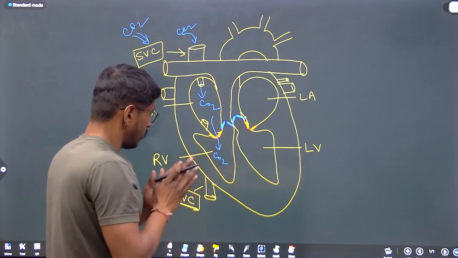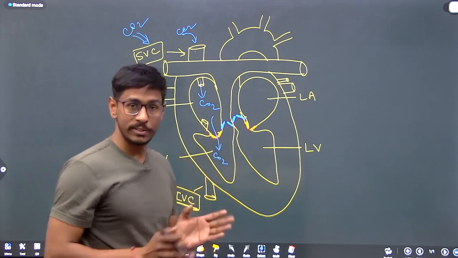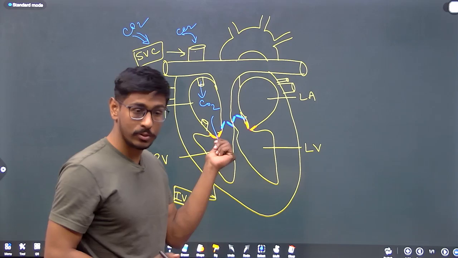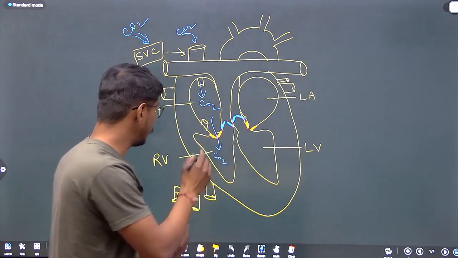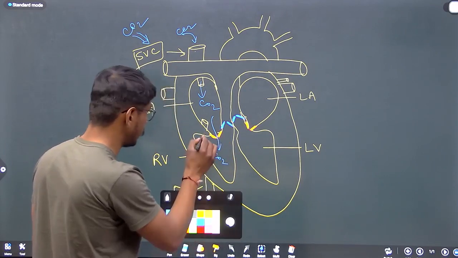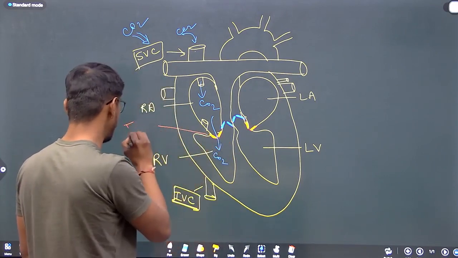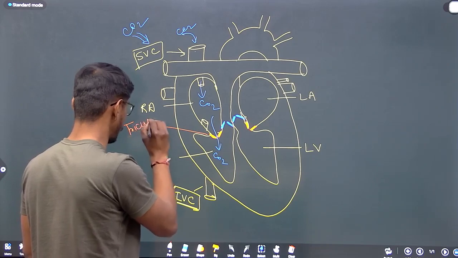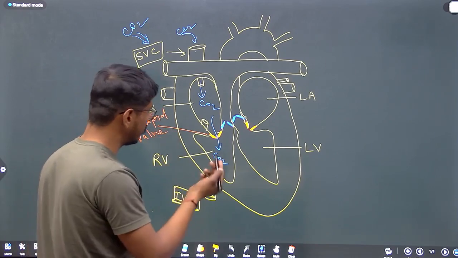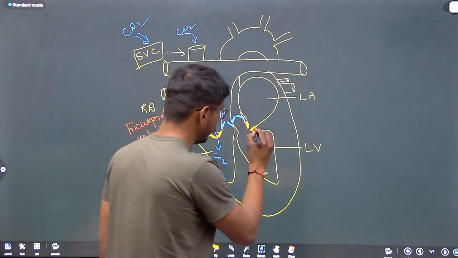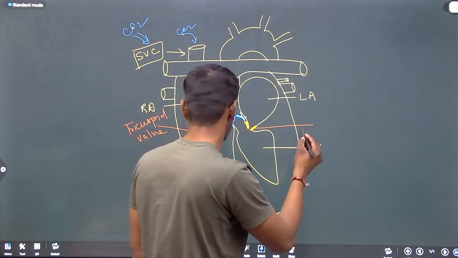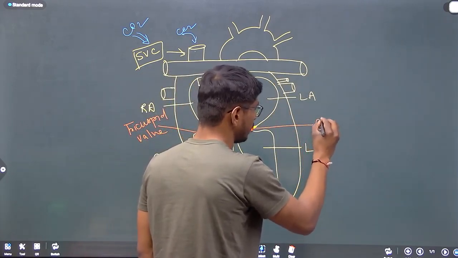Well, we have drawn two valves here, and if you are able to see, they are in red color. This valve is called the tricuspid valve, and this valve, which is located between the left atrium and left ventricle, is called the bicuspid valve.